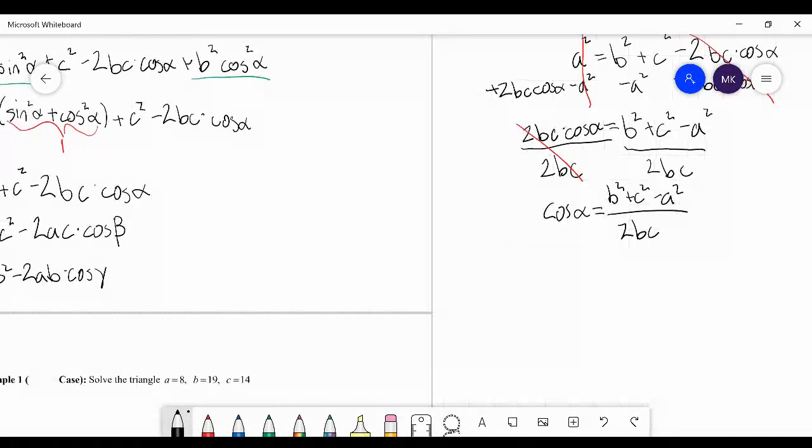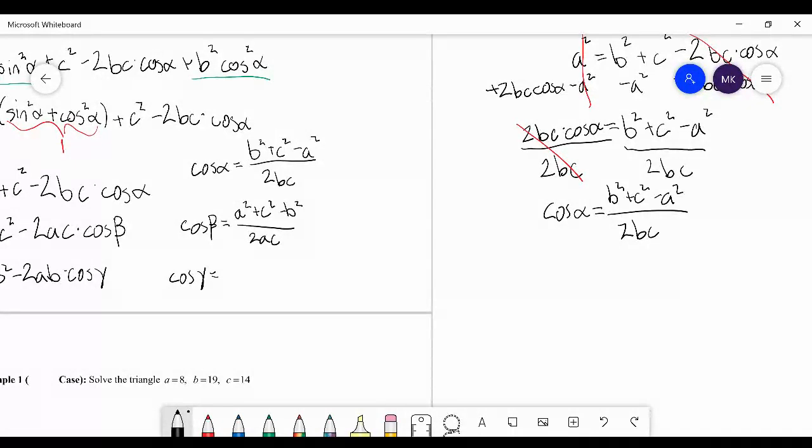Okay, so by just manipulating these law of cosine equations, the cosine of alpha is b squared plus c squared minus a squared over 2bc. Cosine of beta, a squared plus c squared minus b squared all over 2ac.